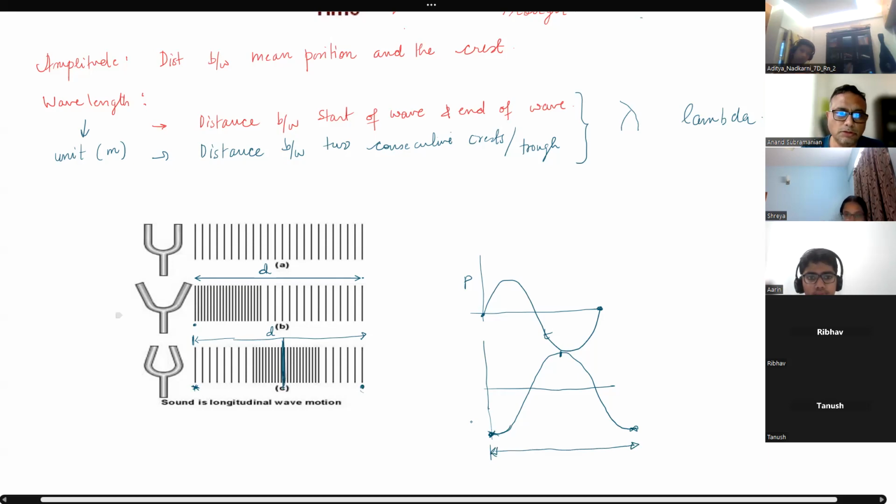Okay. So if someone gives you this compression rarefaction diagram, you should be able to identify the wavelength from these kinds of diagrams too. Are you following this, guys? Yes, sir. Okay. So let me ask you one more question.